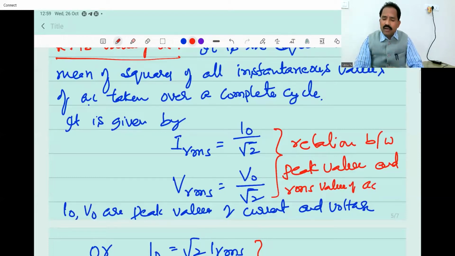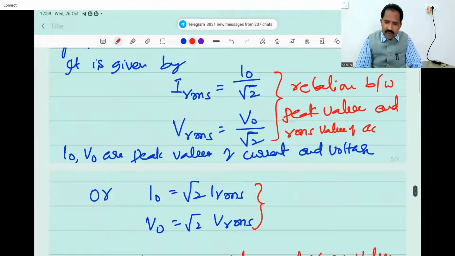So this is a very important question for PU board exams for 1 mark and 2 mark questions. Even for solving problems we use these equations. Sometimes it is asked to find the value of current in a circuit from the RMS value, or to find the peak value of current. So from those equations I can rearrange.